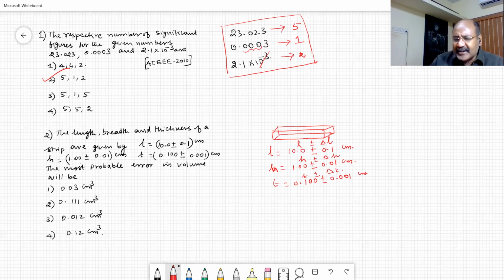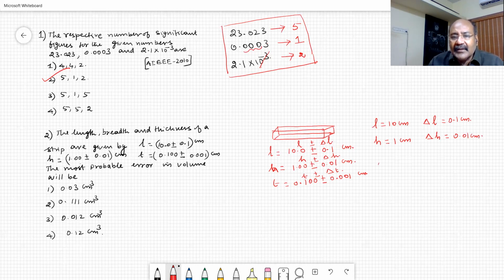From this arrangement, by comparing, we can say L is equal to 10 centimeter and delta L is equal to 0.1 centimeter. Similarly, in the second case, height H is equal to 1 centimeter and the change in height, accuracy, delta H is equal to 0.01 centimeter.